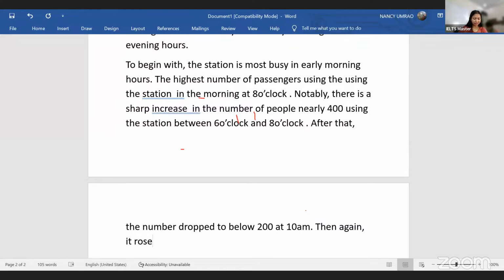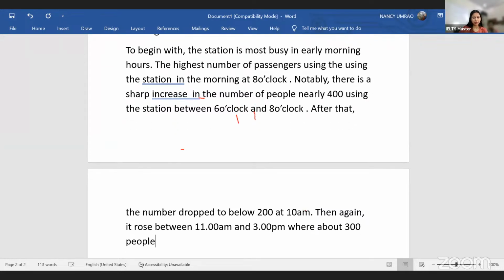It rose between 11 a.m. and 3 p.m., where about 300 people traveled using the underground station. Is that clear?